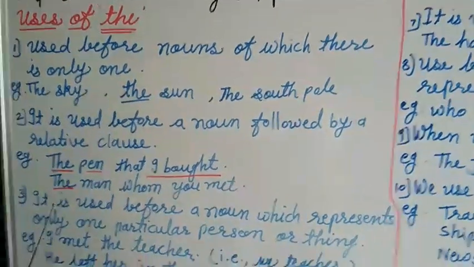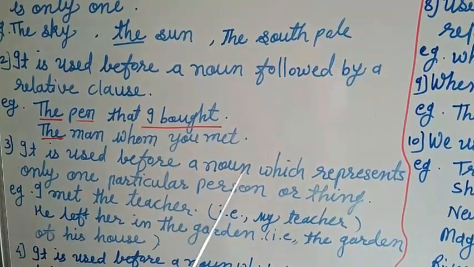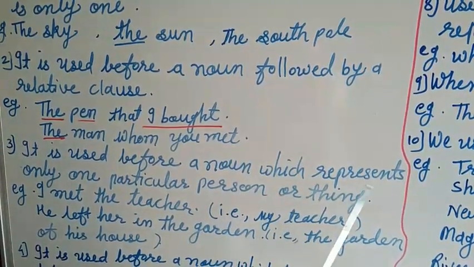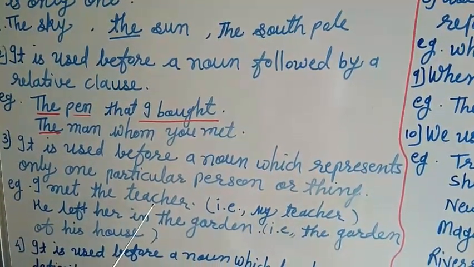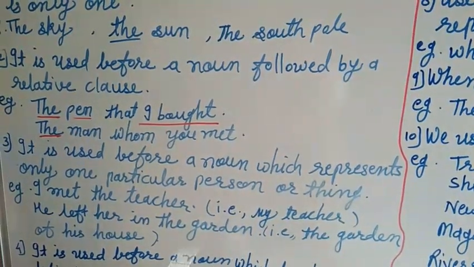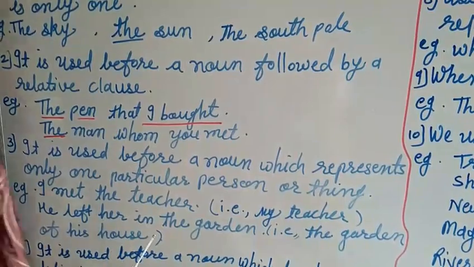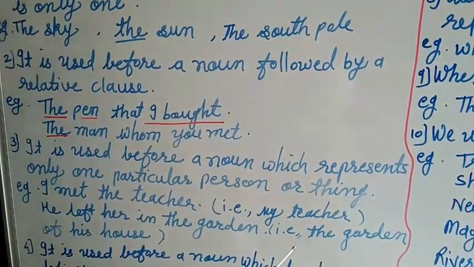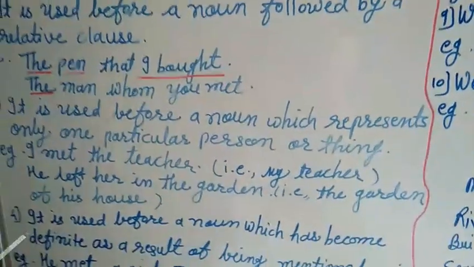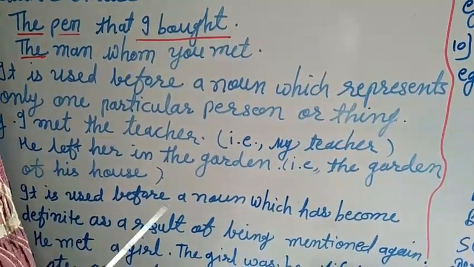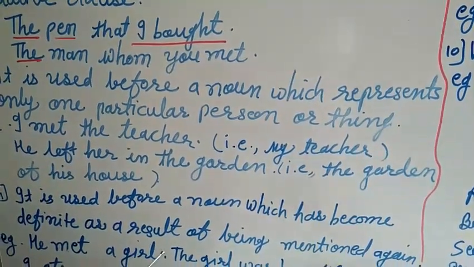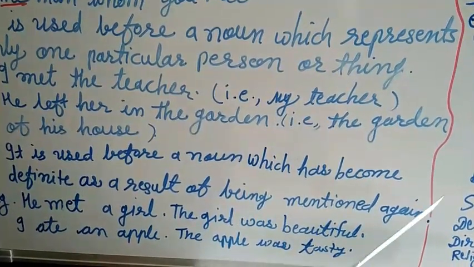Next, it is used before a noun which represents only one particular person or thing. I met the teacher. Why the teacher? Because special, my teacher. He left her in the garden, that is the garden of his house. Next, it is used before a noun which has become definite as a result of being mentioned again.